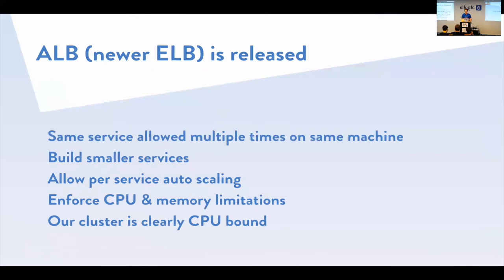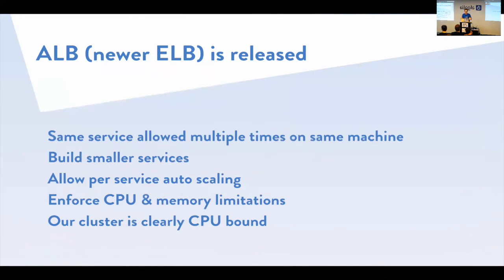Then, luckily enough, AWS released the ALB. It's like the HTTP gateway of AWS, but next generation. This new load balancer removed the limitations we had on port binding with Docker, right? So with this load balancer, we have been able to spawn multiple Docker services on the same machine.